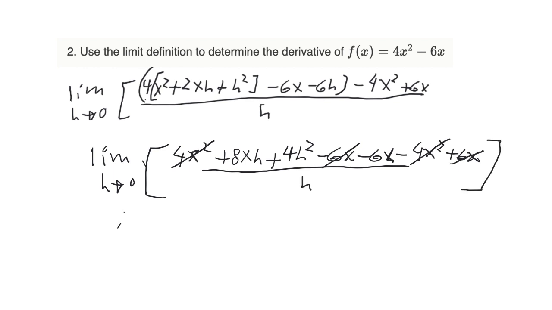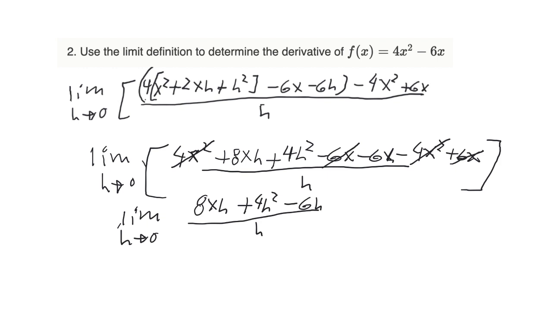So now we have the limit as h goes to 0 of 8xh plus 4h squared minus 6h all over h. We can see that terms cancel.